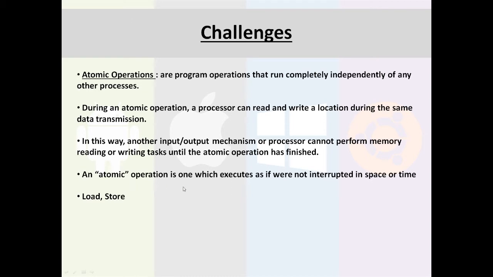So an atomic operation is one which executes as if it were not interrupted in space or time. So atomic operations cannot be interrupted. And some examples of these are load and store. So this idea of an atomic operation is going to come up later when we're specifically looking at lock implementation, because we'll utilize atomic operations to ensure our program is correct.